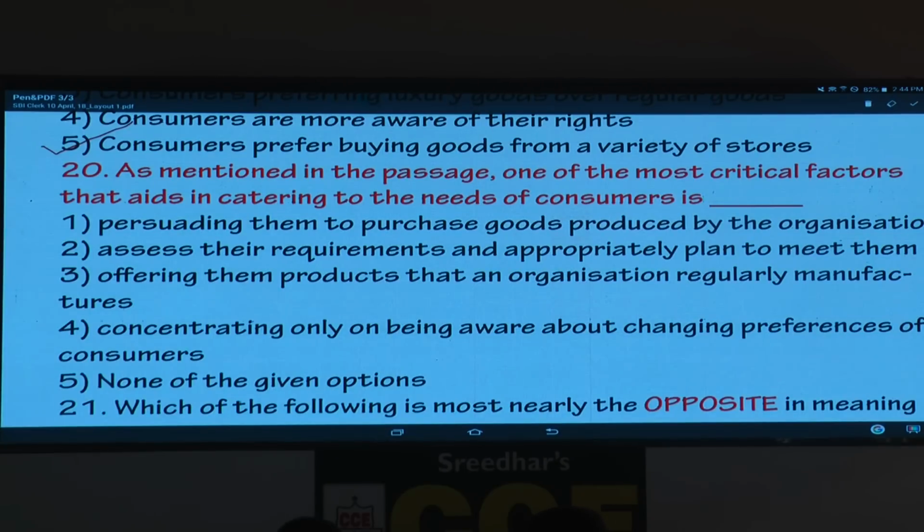Is it the second one or the fourth one? Fourth one, concentrating only on being aware about changing preferences of consumers. It's very specific. What is the second one? Assess their requirements and appropriately plan to meet them. Their requirement is based on their preferences. So this is a broader one. What is the answer? The second option is the answer, not the fourth option.